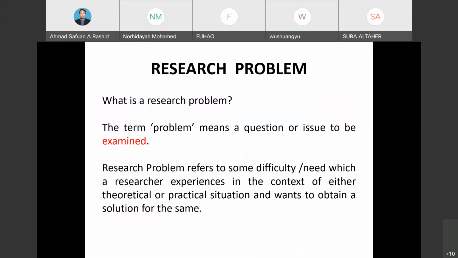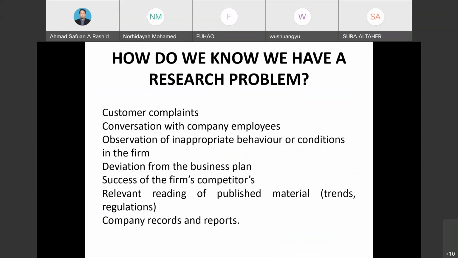Research problem. What is a research problem? The term problem means a question or issue to be examined. The research problem refers to some difficulty or need which a researcher experiences in the context of either a theoretical or practical situation, and wants to obtain a solution for. How do we know we have a research problem?